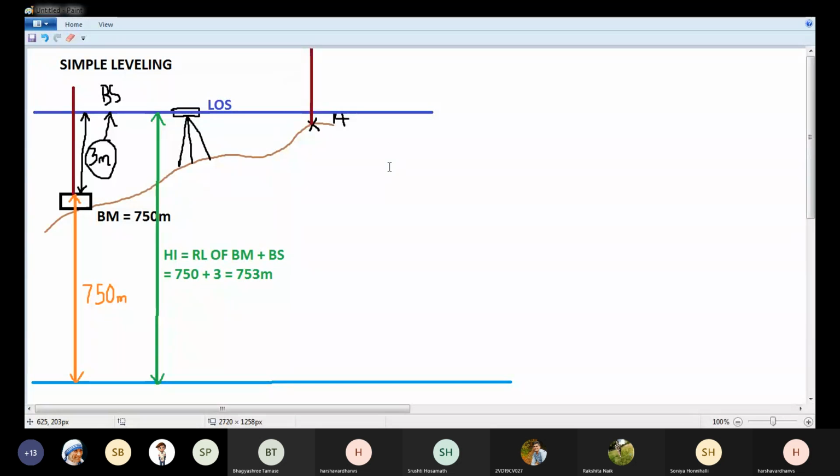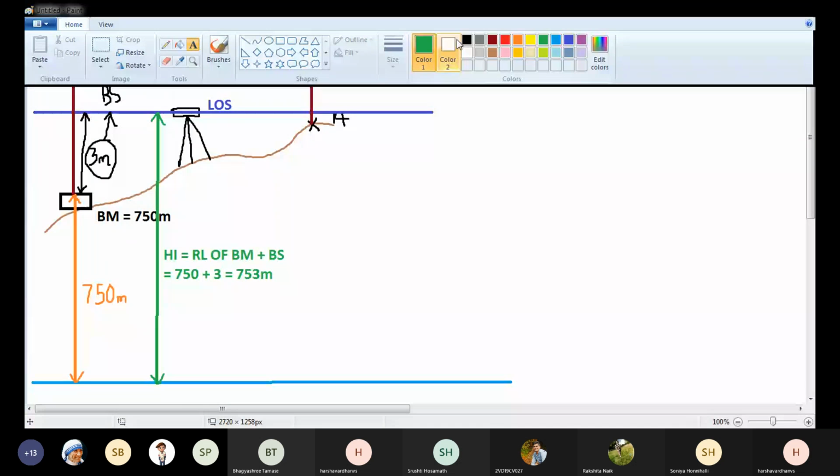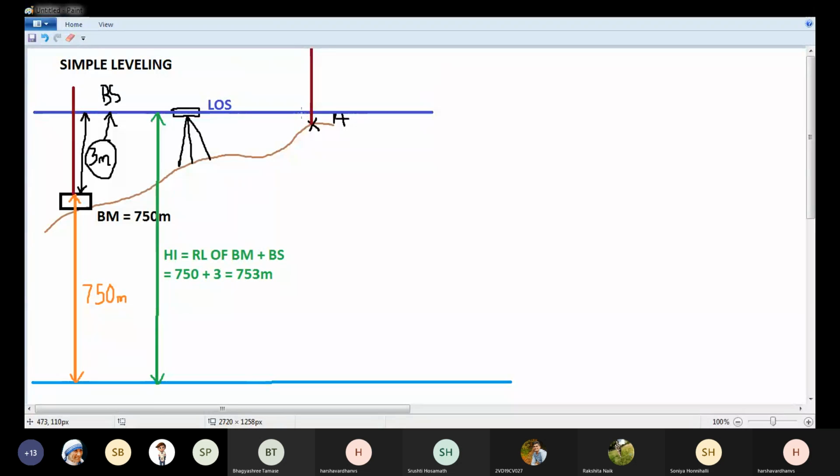Okay, next I'll hold the staff on point A and I'll take one more staff reading. Let's say this staff reading is equal to 0.5. Now this particular staff reading is taken on point A, and we don't know the elevation of point A. Also we know that it is the last staff reading.